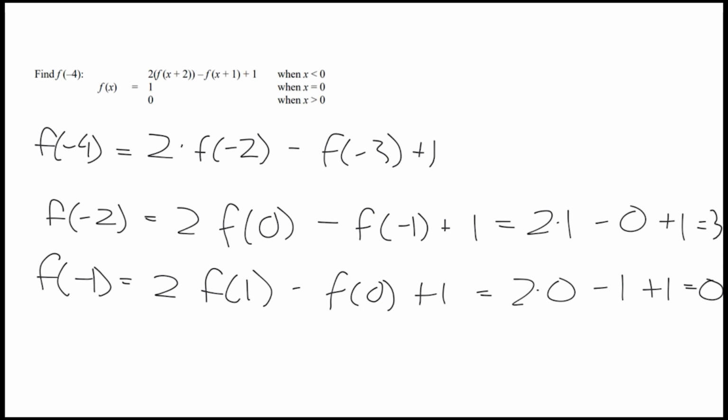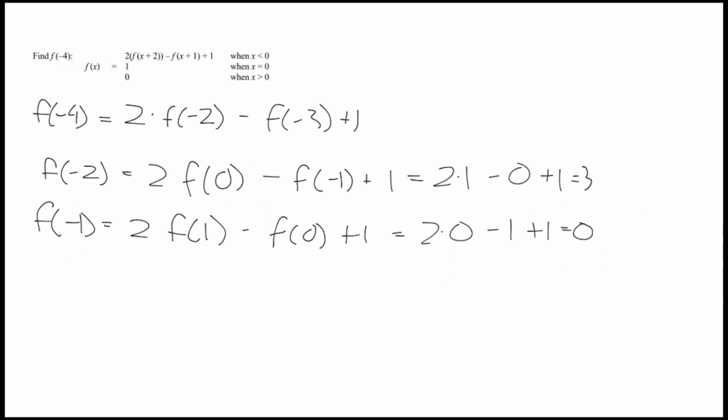Now, we can plug this f of minus 2 back in here, but we still have the problem where we need to find f of minus 3. So let's solve for f of minus 3 right now. Minus 3 is below 0, so we'll need to use the first condition for this. So f of minus 3 will equal 2 times f of minus 1 minus f of minus 2 plus 1.